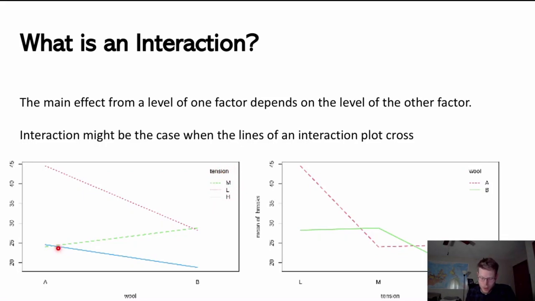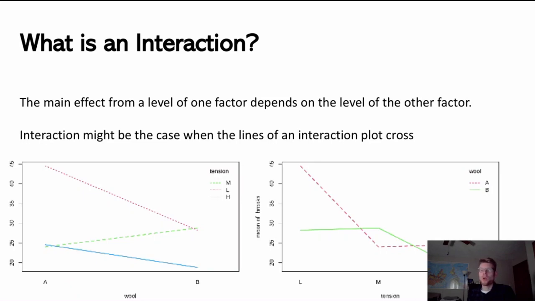For this level, it's going down from A to B. For this level, it's going up from A to B. So in other words, there's some kind of interaction going on, such that the effect of this level for factor variable 1 depends on which level of factor variable 2 is involved. So there's an interaction between these factor variables.